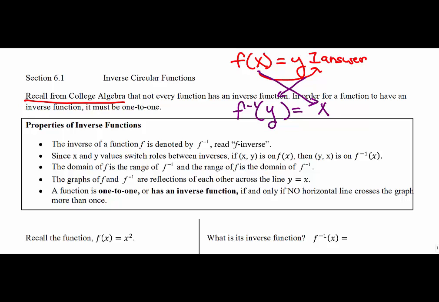So it reverses the ideas of the inputs and outputs. So inverse functions reverse the original functions. Well, in order for a function to have an inverse function, when I switch around the x's and the y values, we still have to have that property that for every input, I only have one output. We only get one answer out.